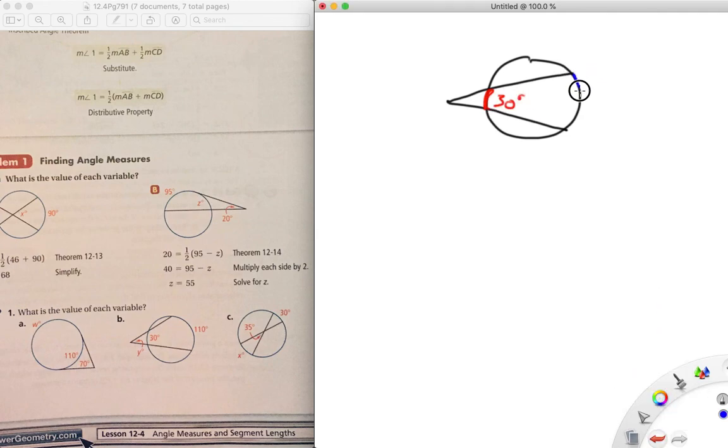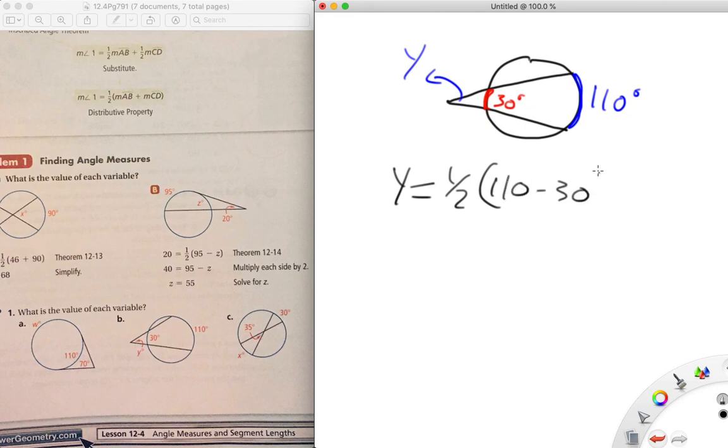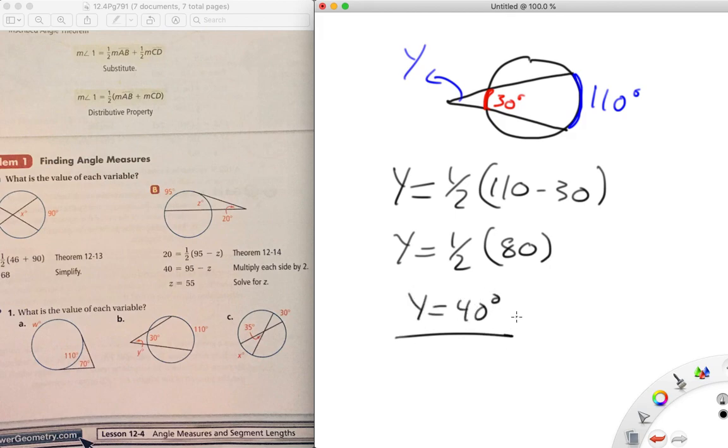We have that this guy here is 110. They want to know what this guy is. Alright, so y is going to equal 1/2 of 110 minus 30. So y equals 1/2 of 80, and then y equals 40. Okay, y equals 40 degrees.